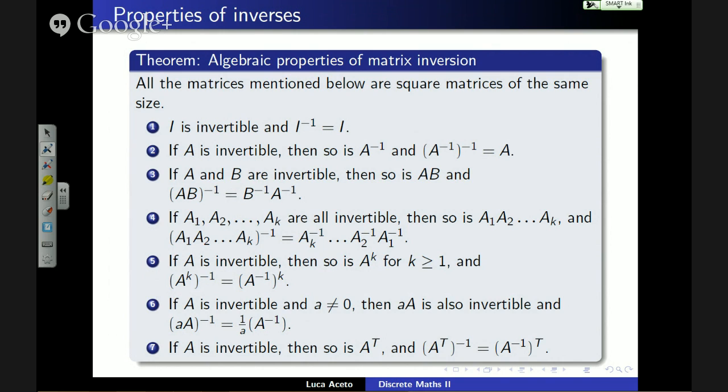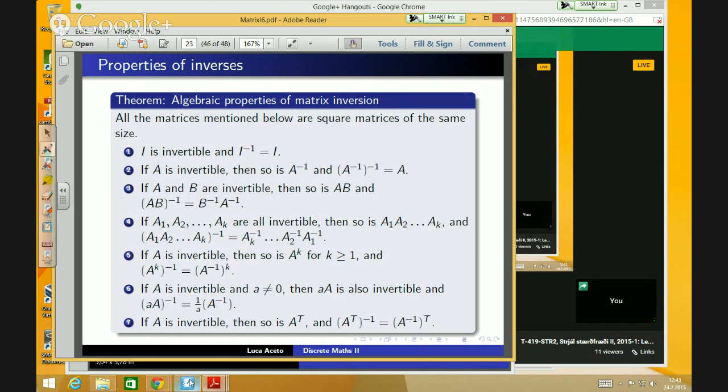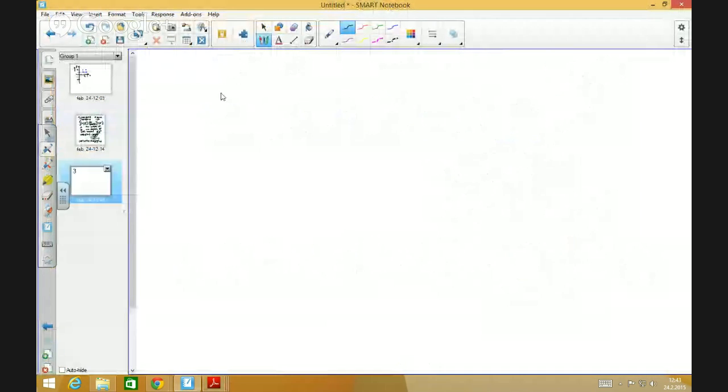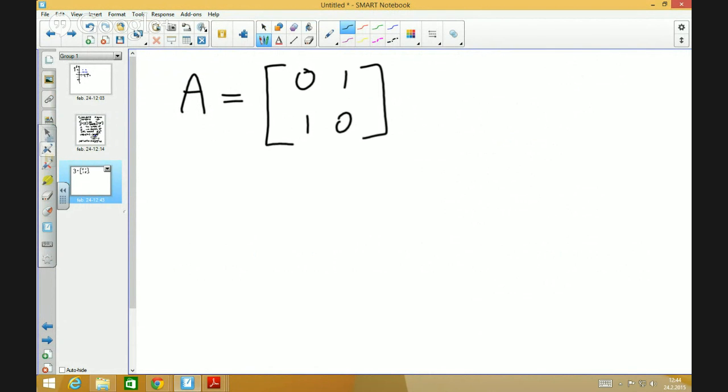Now, the relationship between inverse, so I think people want an example. They haven't asked for it, but I'm going to give it to them. So if I have my matrix A, which is, well, whatever. What is the transpose of this? Some people are saying it's the same. Why?